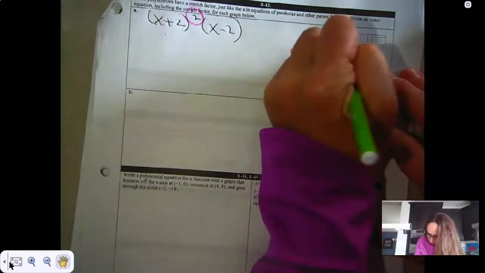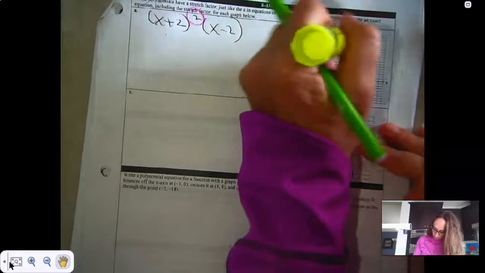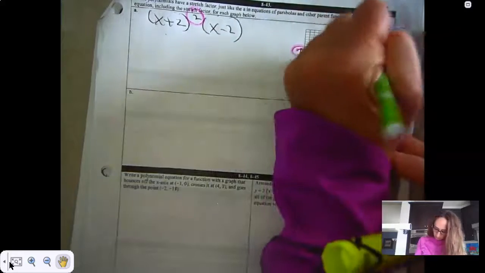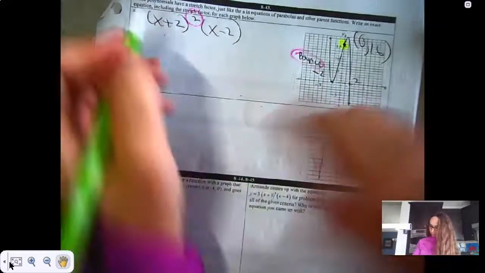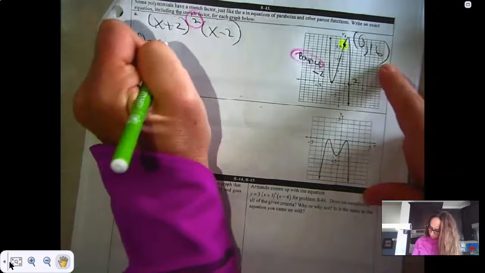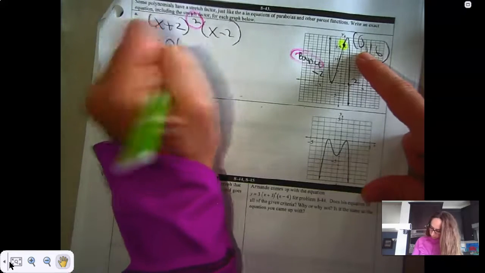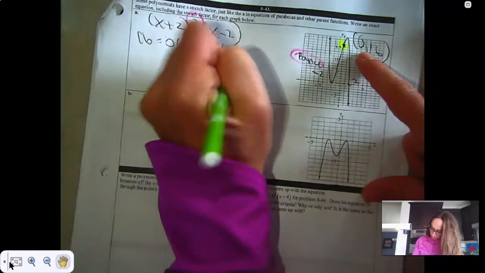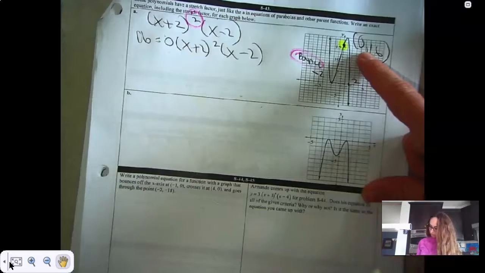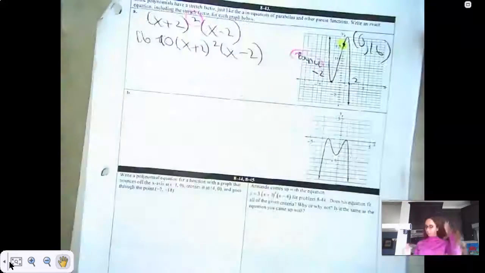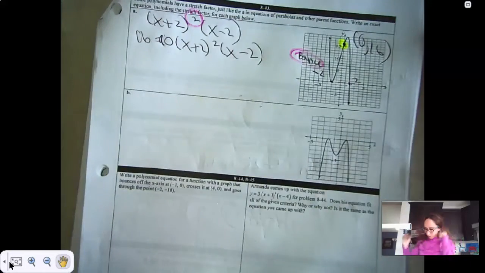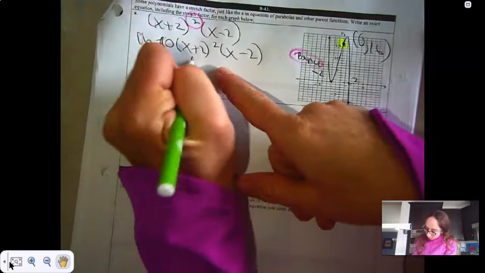But they want us to use this point right here to find the exact a, which is 0, 16. So 16 equals 0 times x plus 2 squared times x minus 2. Oops, a. Okay. And then 0 plus 2, so that's 4.